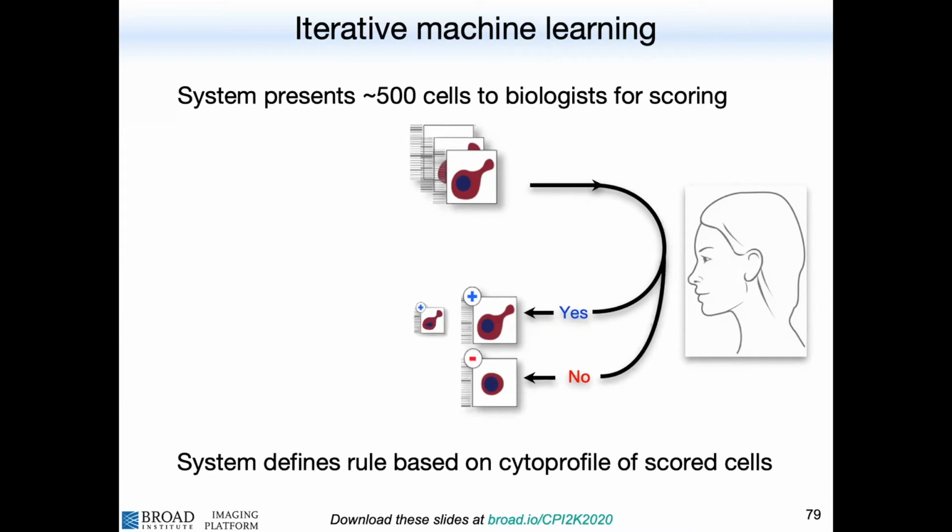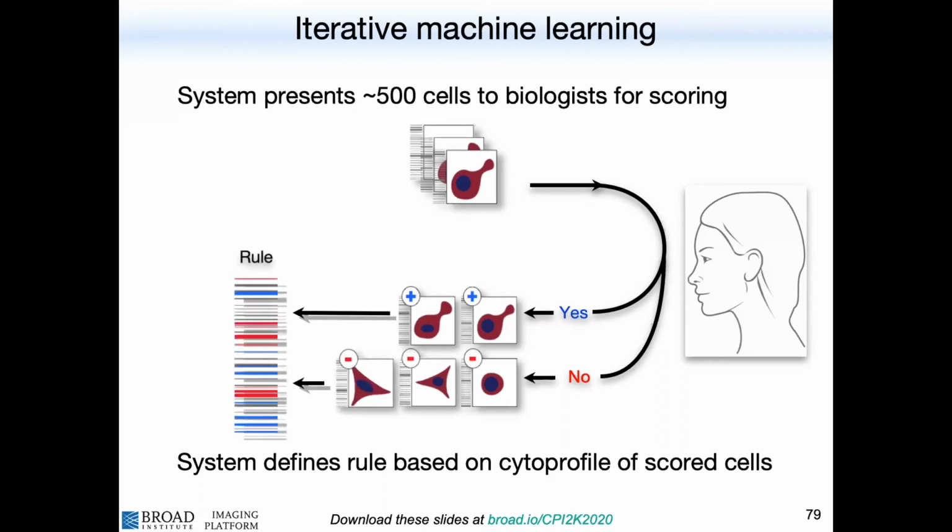And the computer then will go through and look at the measurements associated with each of the cells in these classes and try to find high values and low values. Then it learns from those measurements and creates a rule. Then you can look at the rule and decide if it's doing a good job or not.